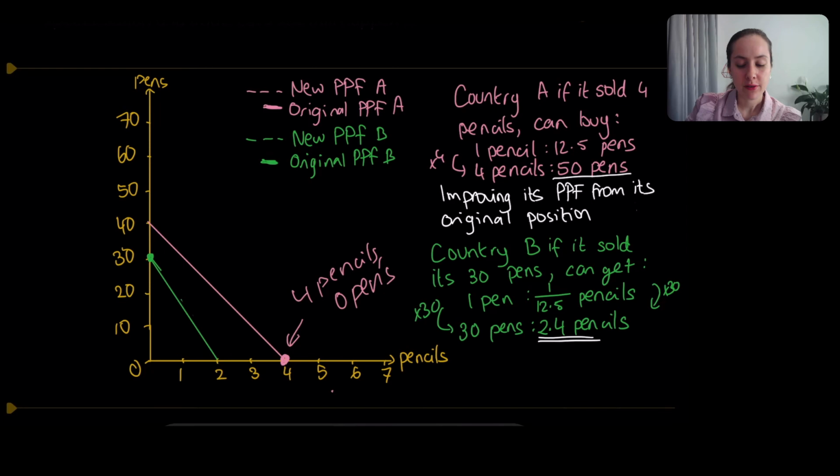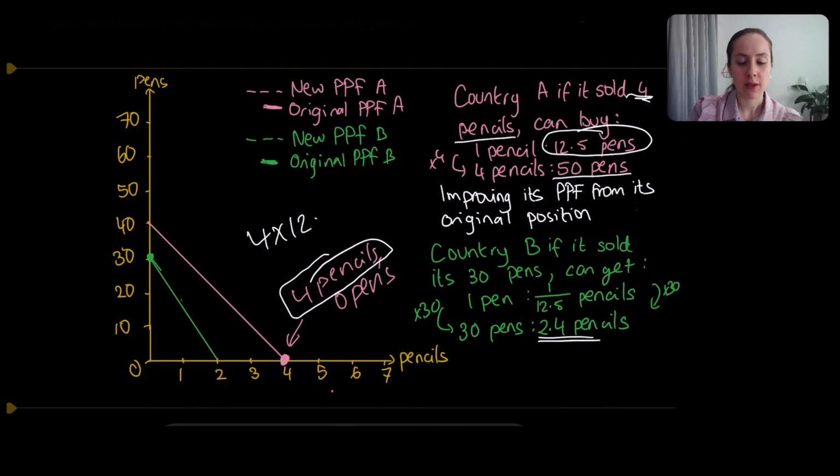So we have the situation where country A has 4 pencils to sell because they have 4 pencils and no pens, and they probably want some pens. If they sold all their pencils, they know they can get 12.5 pens for each pencil.